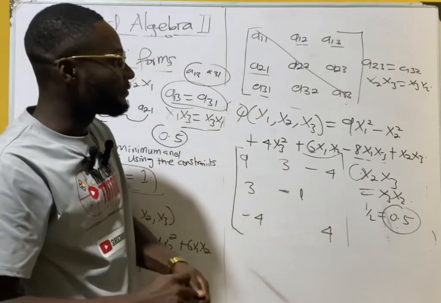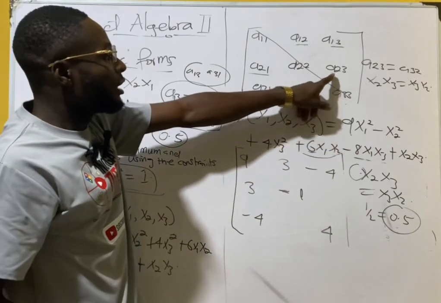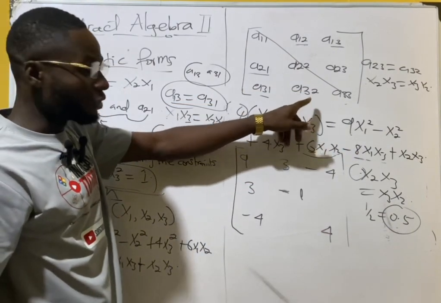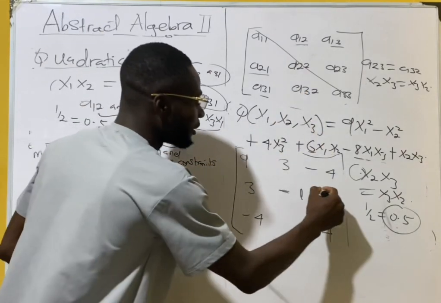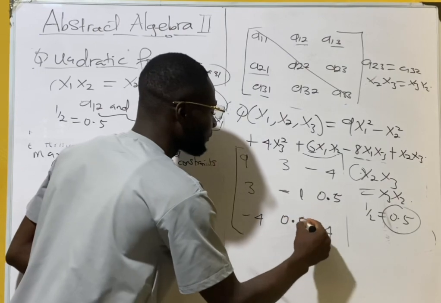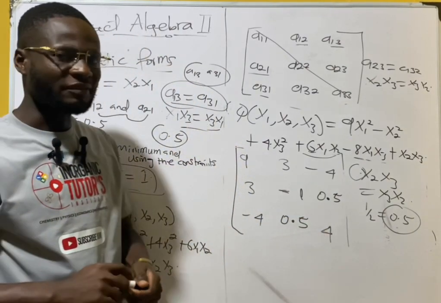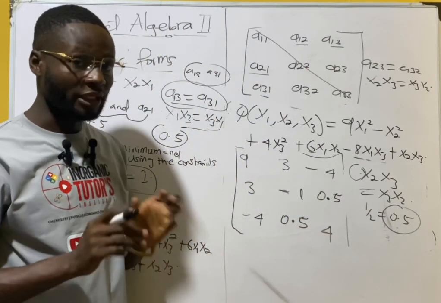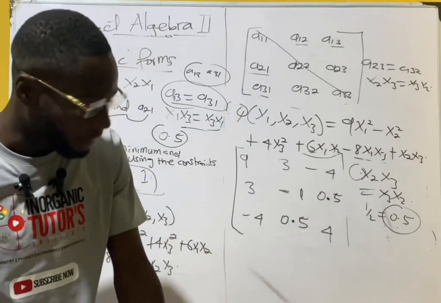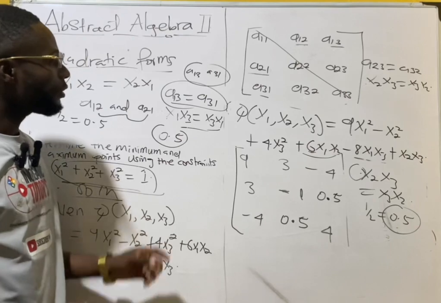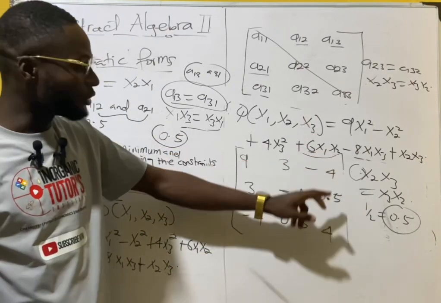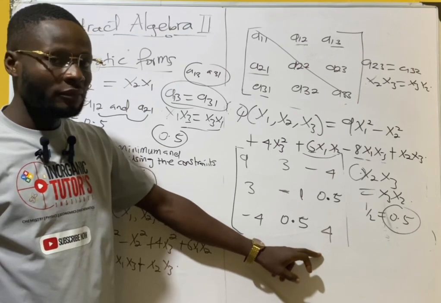So 0.5 is for a23 and a32, because they are the same. So we have 0.5 and 0.5. I hope that is very simple. I've broken it down into simpler ways for everybody to get it clear. Now we have been able to transform the quadratic form into a matrix form.